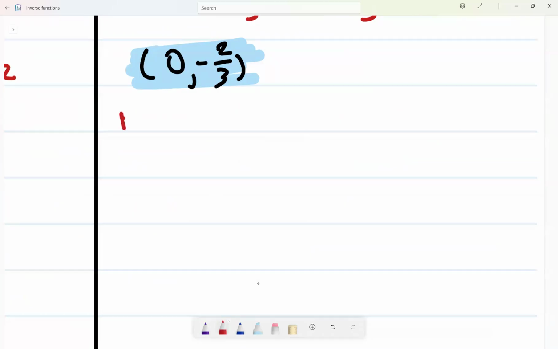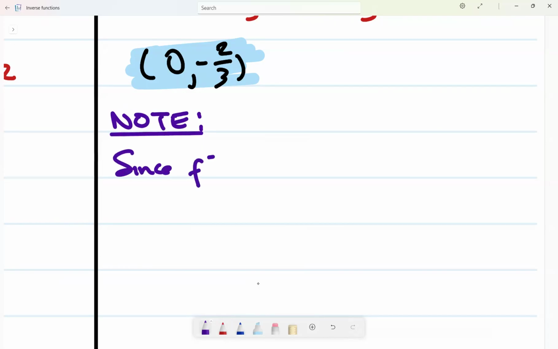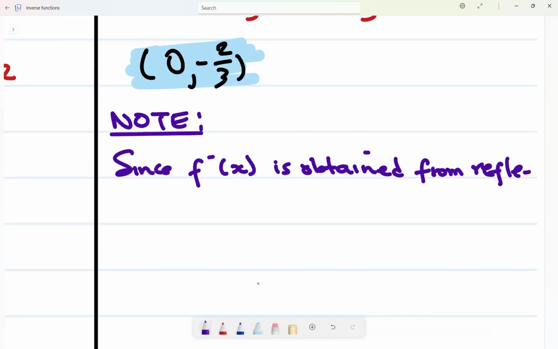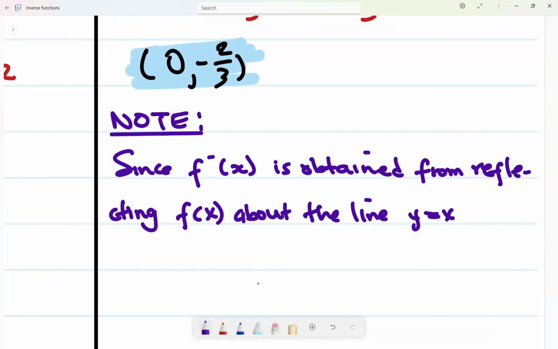Note: since the inverse of f of x is obtained from reflecting f about the line y is equal to x.